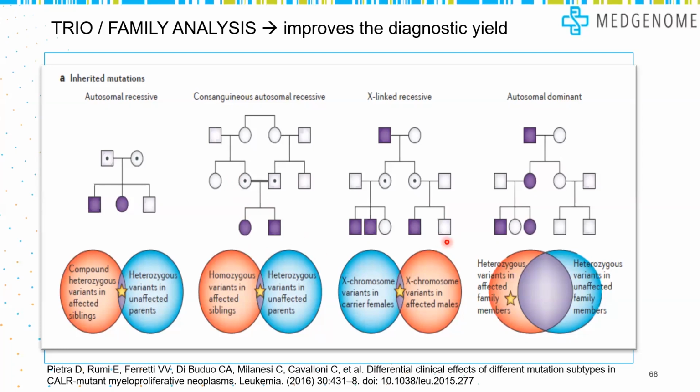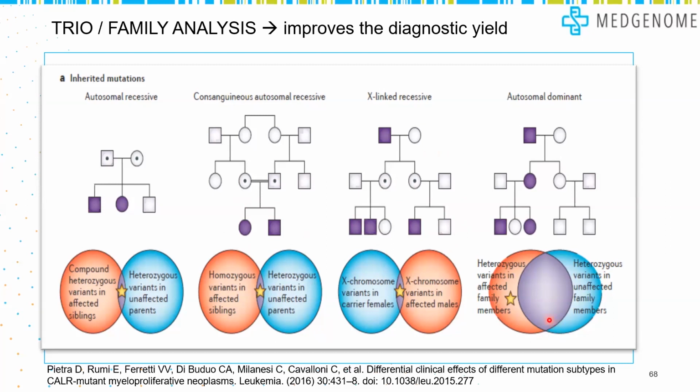Similarly, for X-linked recessive, though the three-generation pedigree would give you a clue, we can do it in a similar way, where the X chromosome variants are there in the carrier females and the affected males are having the hemizygous variant of the same gene.